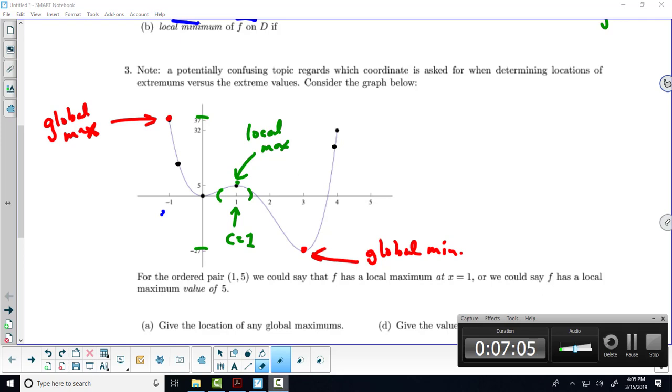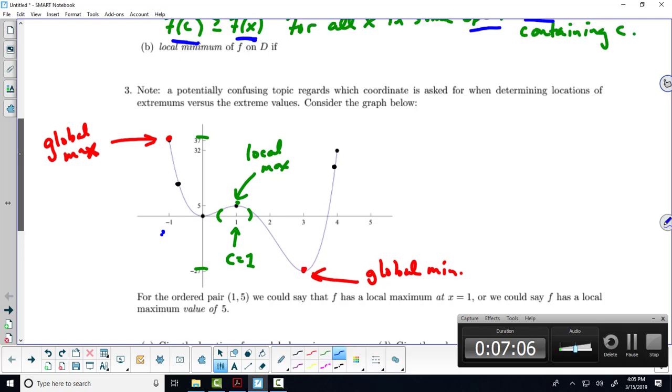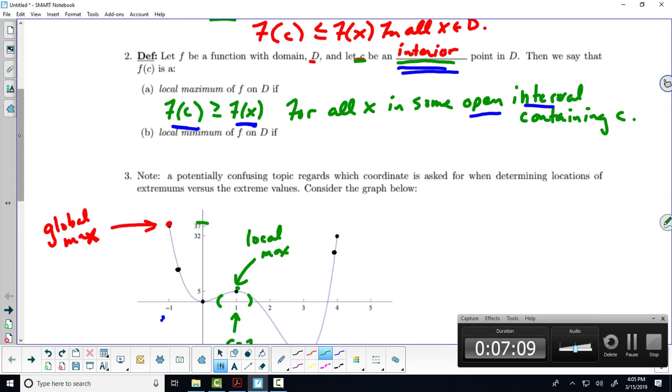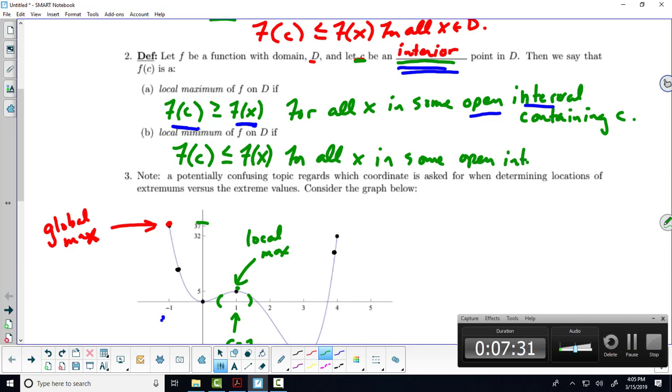Now let's look at the definition of a local minimum. A local minimum is very similar to the definition of a local maximum, except we reverse the direction of the inequality. So c will give the location of a local minimum if f of c is less than or equal to f of x, again for all x in some open interval containing c.